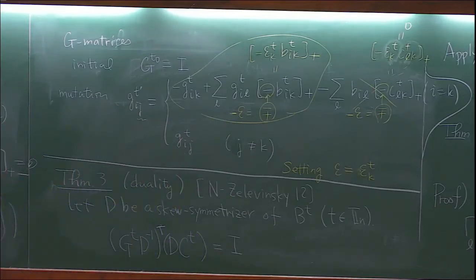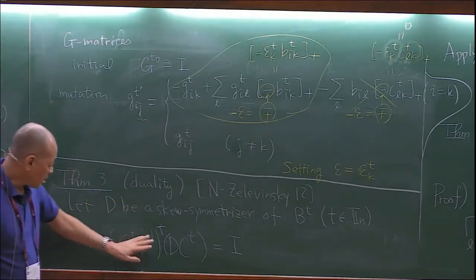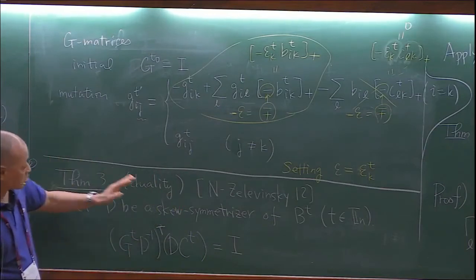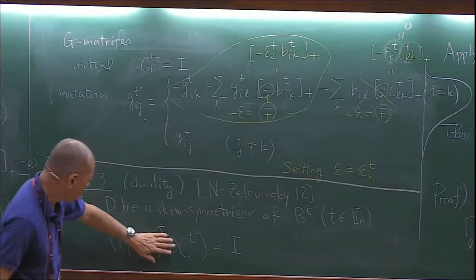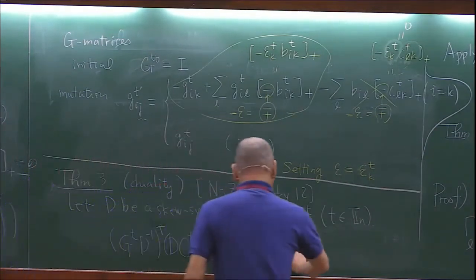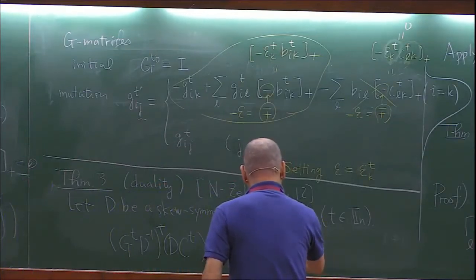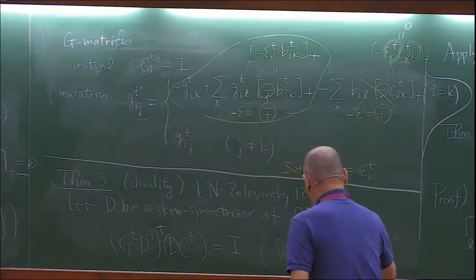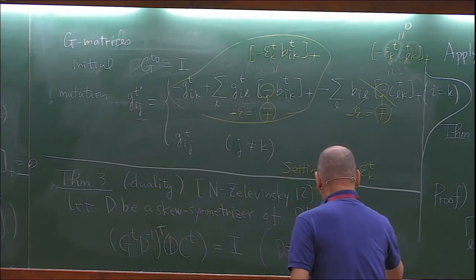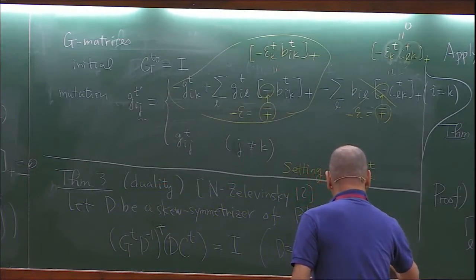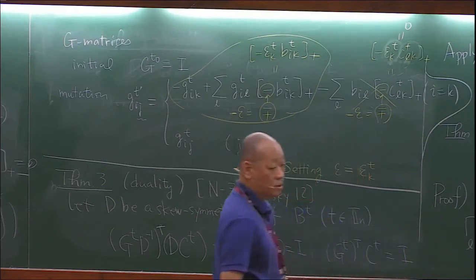Which means, especially when D is identity, so when B is skew-symmetric already, then when D is I, the formula is much simpler, so the G matrix and the C matrix are, in fact, dual matrices of each other.